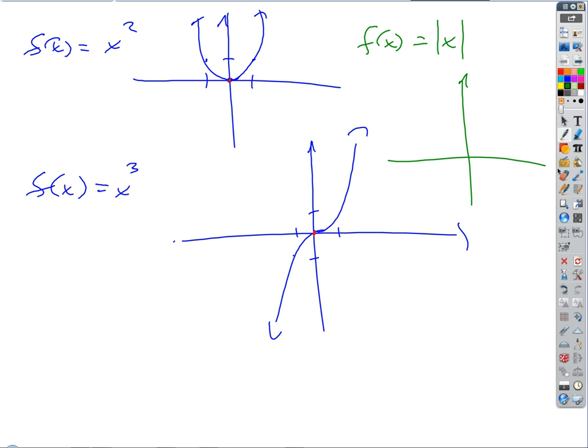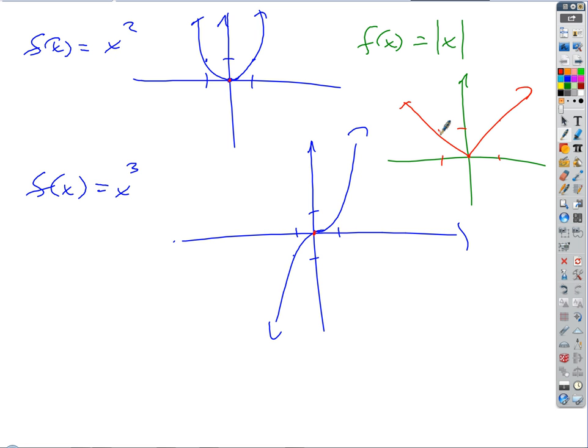What is it again? It's a V. Yeah, it's a V. The x squared is a U, right? A parabola is a U. The absolute value function is just a V. So we got the vertex right there, and then it's just going to do that, right? Over one and up one on this side, back one and up one on that side. But it's a V. And once again, we can tweak that any way we want to by stretching, compressing, reflecting, translating, right?